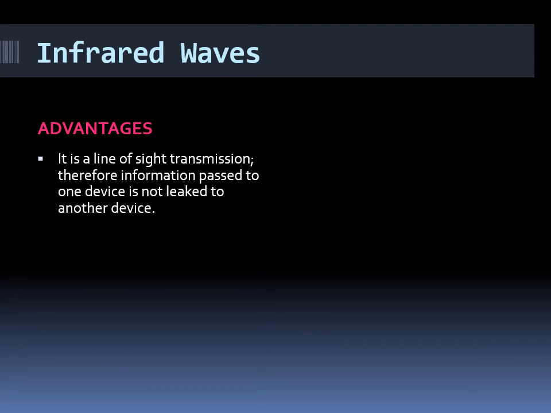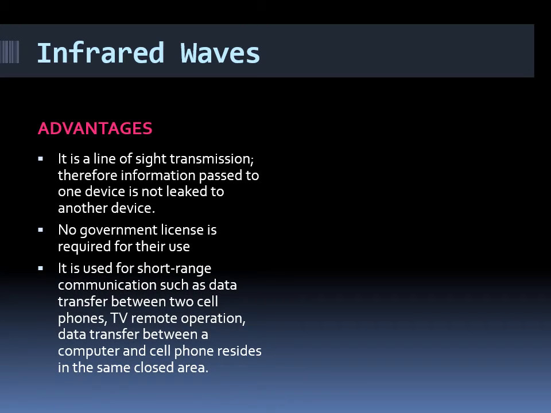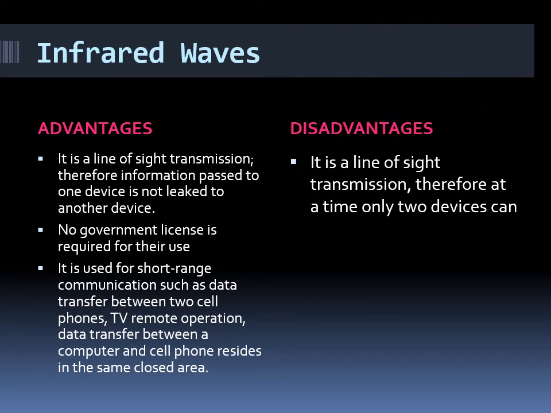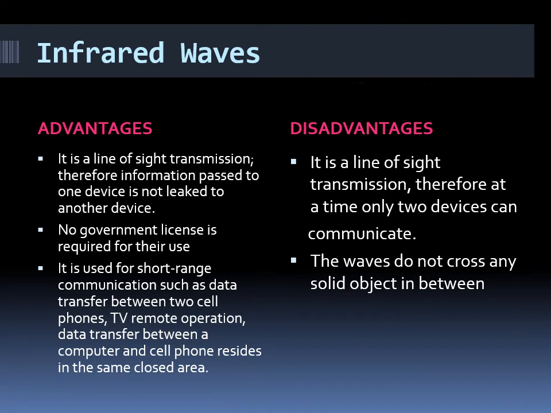It is line of sight transmission, so no need to get a license from the government, and it is mainly used for TV remotes, cellular phones, computers, and cameras. The drawback is that it is line based transmission, so only two devices can communicate at a time, it does not penetrate solid objects, and its performance will not be good.